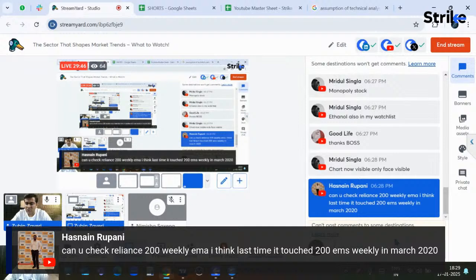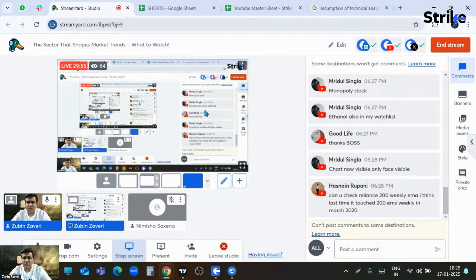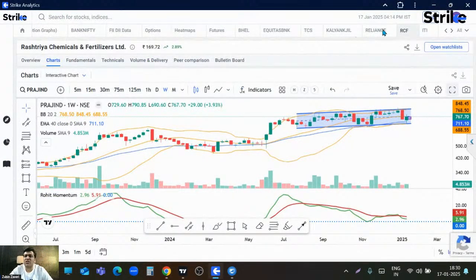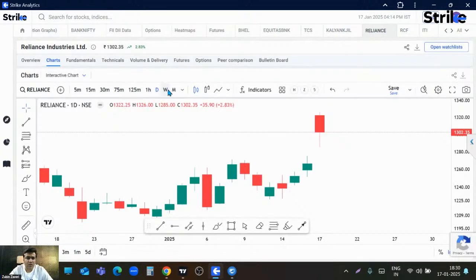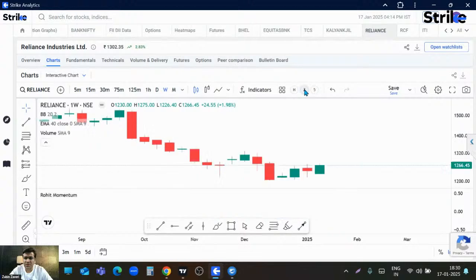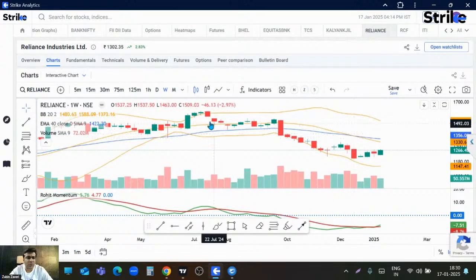Can you check Reliance 200 week EMA? I think last time it touched 200 EMA weekly in March. Okay, let me see Reliance weekly chart. So here's Reliance weekly chart. You want to see 200 EMA.